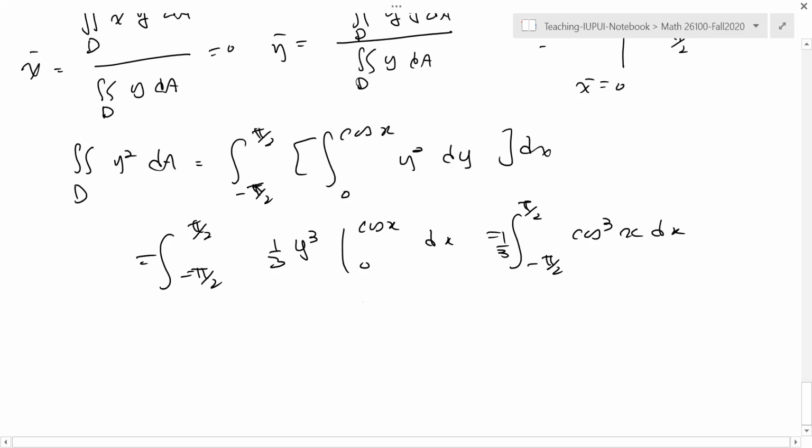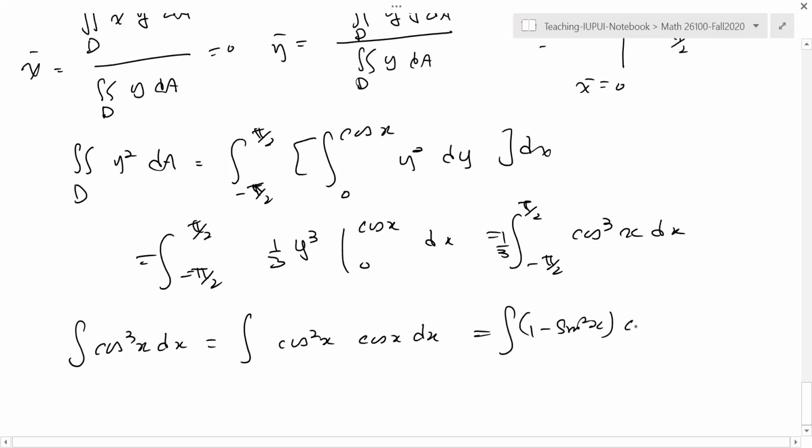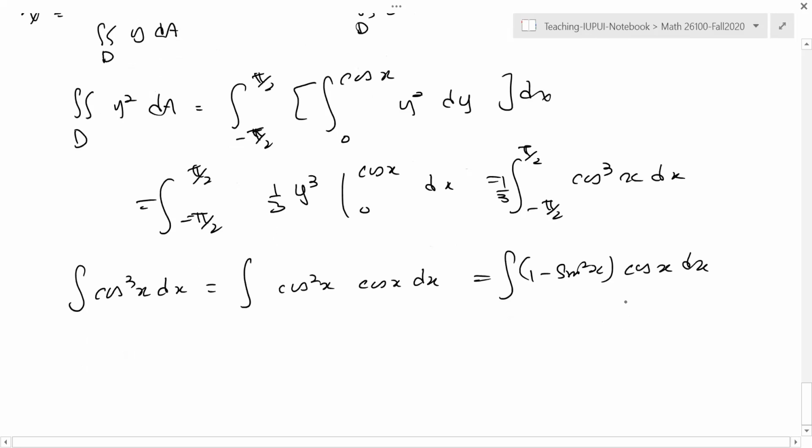Actually, it's not that complicated. So let's find the antiderivative first. This is a standard trick. You have to introduce a variable u equals sine x.